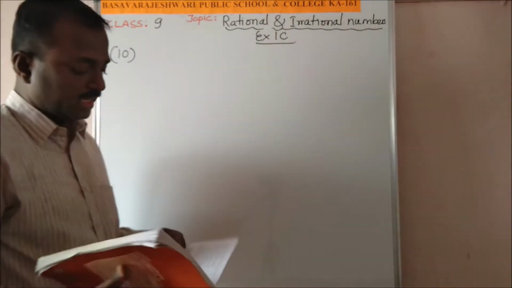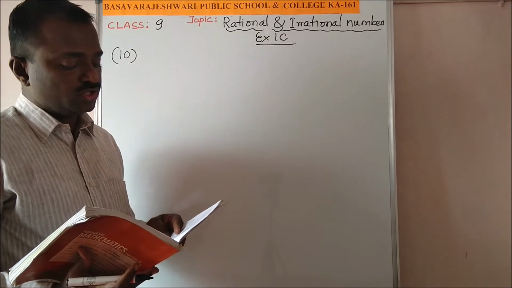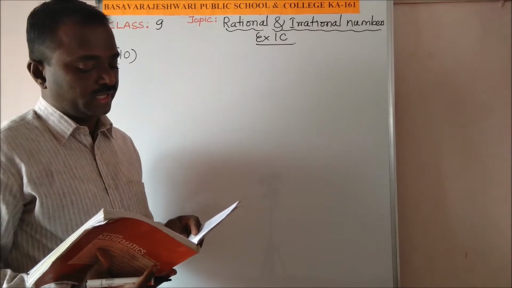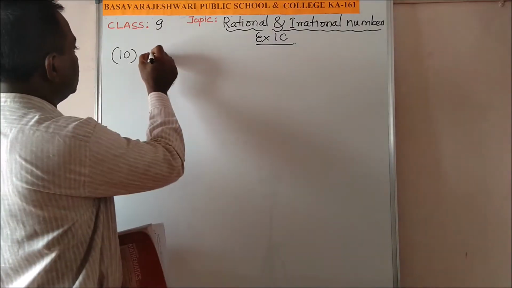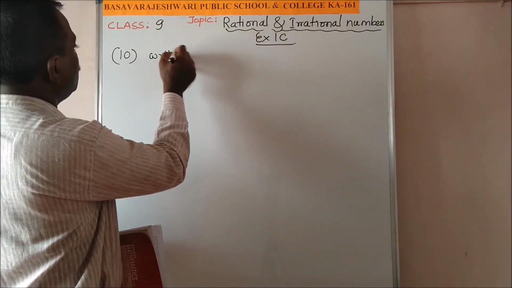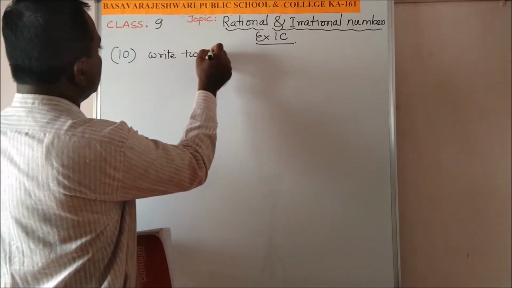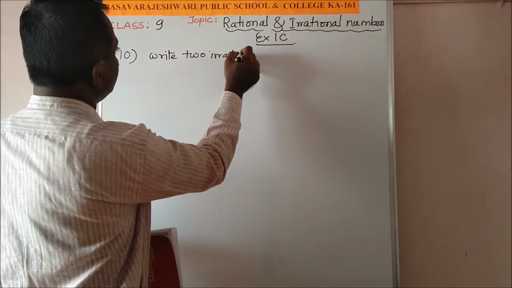Question number 10. Write two irrational numbers between root 14 and root 19.